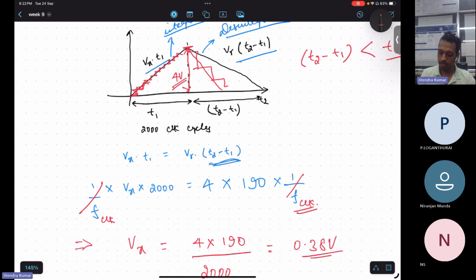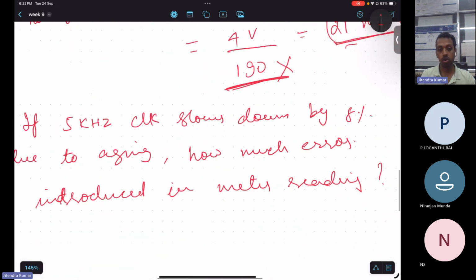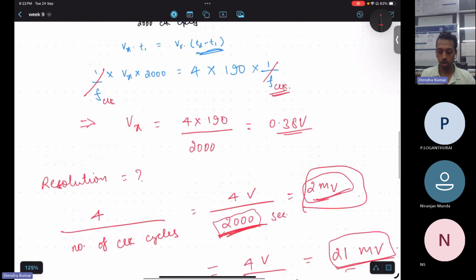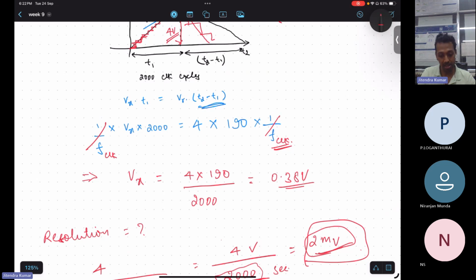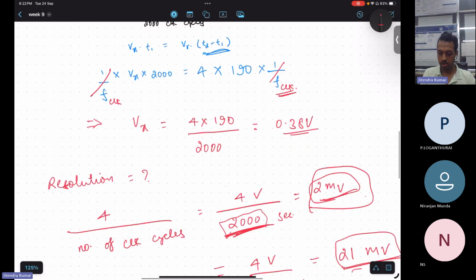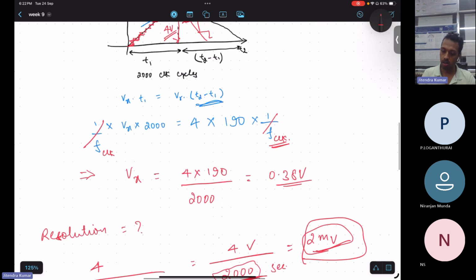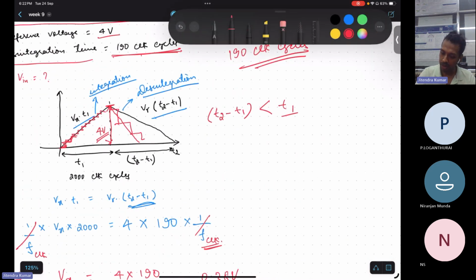So even if the clock frequency changes, your response will not slow down. That is the purpose of this question: in a dual slope type ADC, the measurement does not depend on the speed of the clock. Because from this equation, let me copy it.